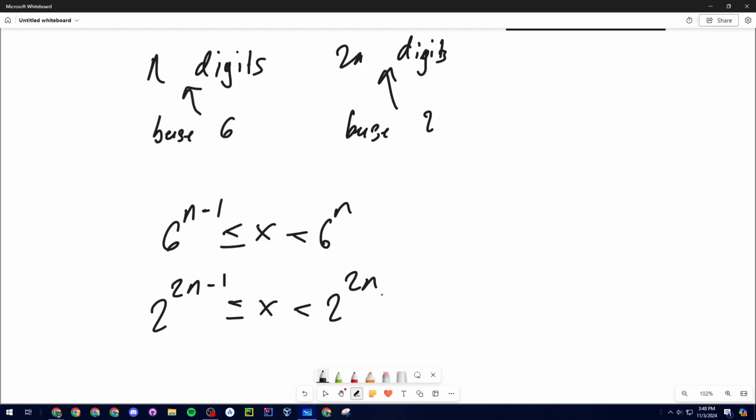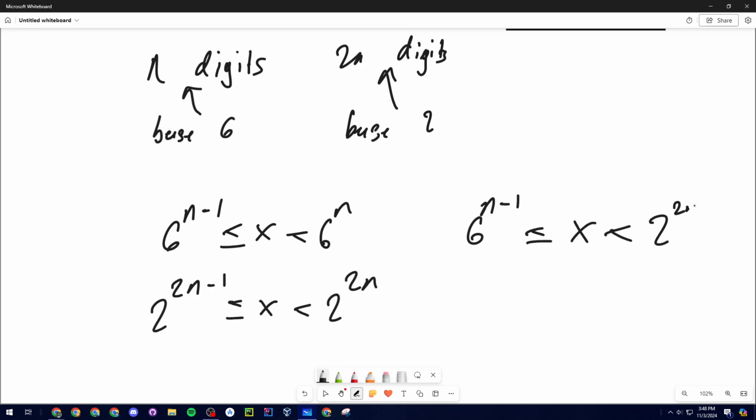Now, x has the following range, and I don't know how 6 to the n and 2 to the n are related, so I'm just going to take the lowest of this inequality and the greatest of this inequality and just work with it, right? Because the base 2 number has more digits than the base 6 one, so therefore it's in the interval 6 to the n minus 1 is less than or equal to x is less than 2 to the 2n.